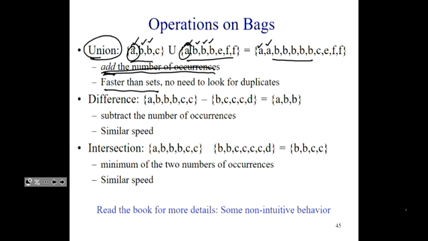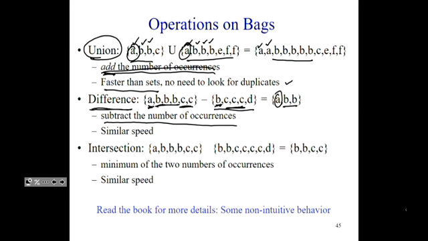Okay? All right. So the difference operator. One last point about the union: this is faster than the set-oriented union because I don't need to look for duplicates. The difference operator is similar to the union operator. Here you subtract the number of occurrences. You have one occurrence of A and no occurrence of A in the other set, therefore you have one copy of A. You have 3 copies of B, one copy of B here, so you have 2 copies of B left. 2 copies of C here, 3 copies of C here.